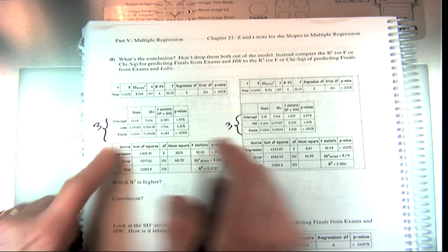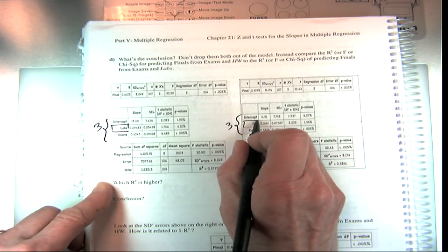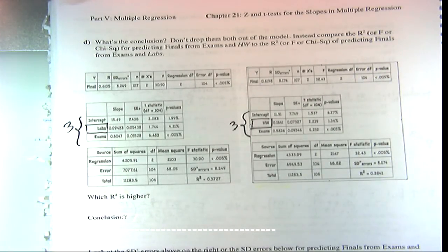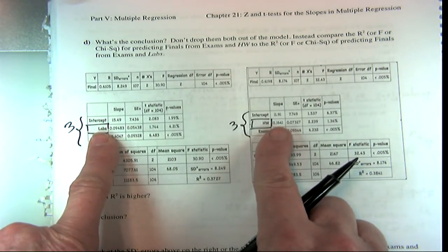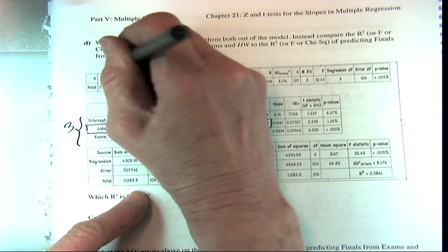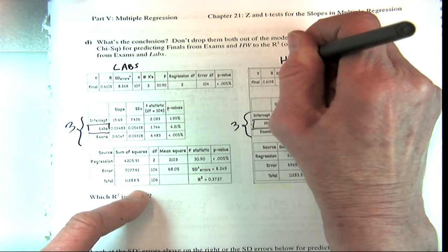The only difference is this one has labs in it, and this one has homework. So side by side now, R-squared would make sense, because we have the same number of parameters, okay? So we're just going to see which model now gives a higher R-squared, and that would be legitimate. So this is labs, and this is homework.